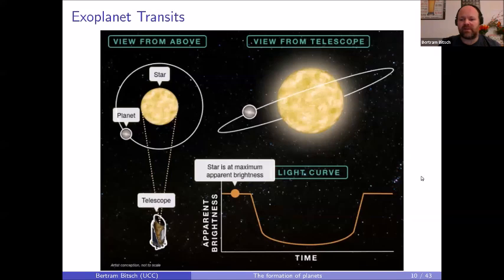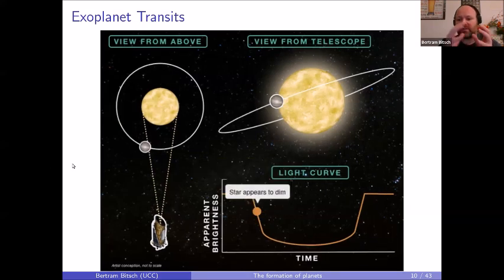Another detection method to detect exoplanets is the so-called transit method. So the idea is we have a star, we have a planet that orbits around it, and we can observe the brightness of the star and planet system. So in the beginning, we will have our planet not in front of the star. So we have the star at the maximum apparent brightness.